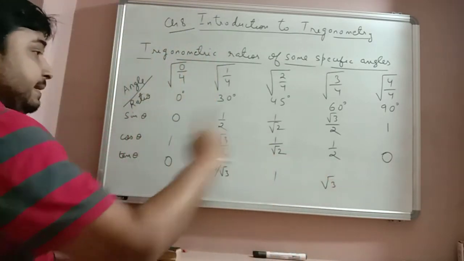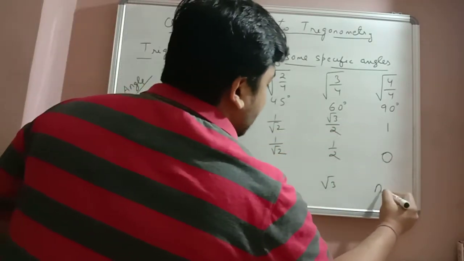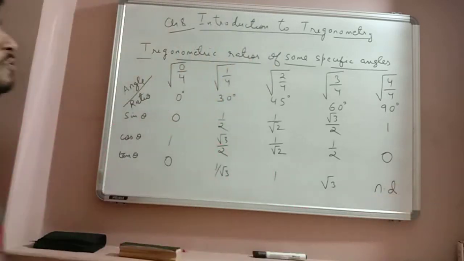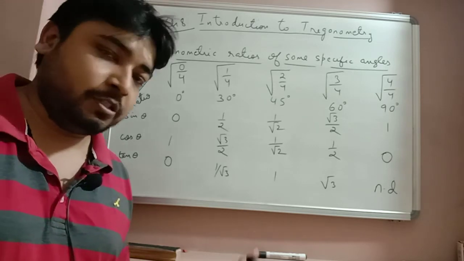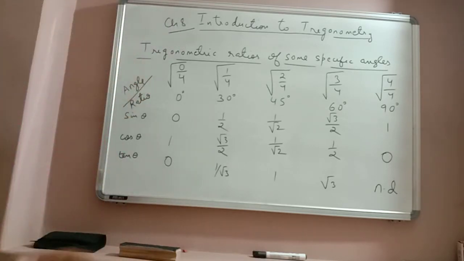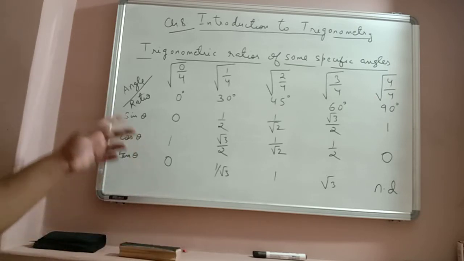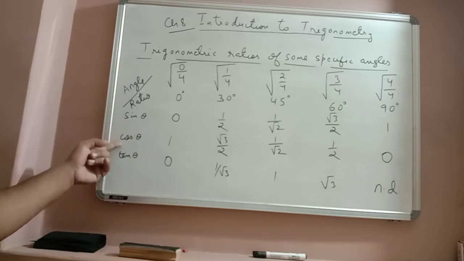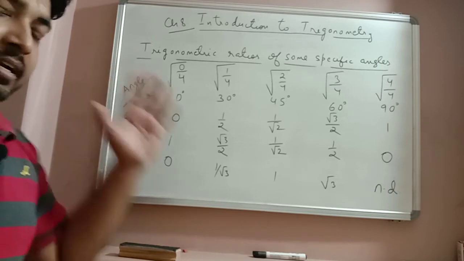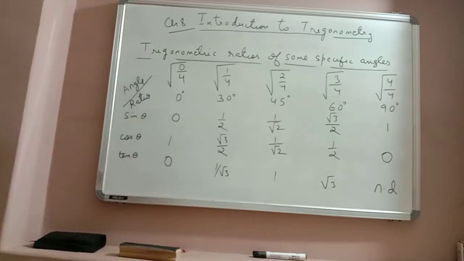And tan 90 degree will be 1 by 0, that is not defined. So I'll write down ND, that is not defined, because division by 0 is not possible. Now it is very simple to write down the other three ratios that are just reciprocals of sine, cos and tan. Let's write down those ratios.